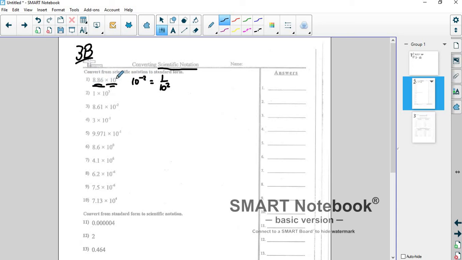Sure, it's going to make my number smaller. And so each decimal place is a power of 10. And so what do I need? I had 8.86. I need 2 decimal places in the left direction, not because I moved to the left, but because going to the left makes the number smaller.